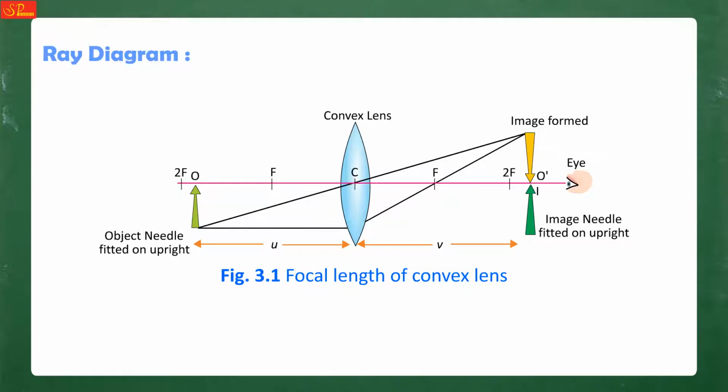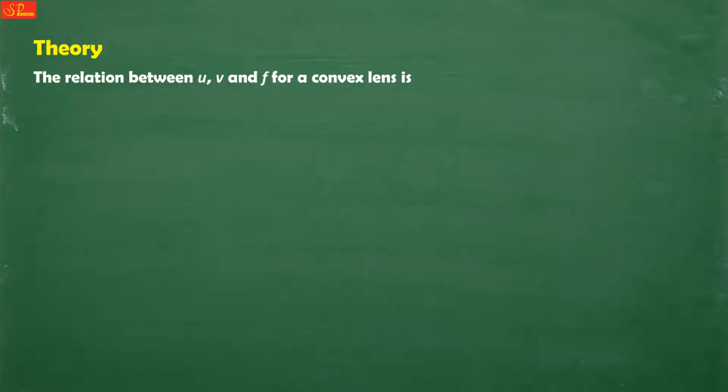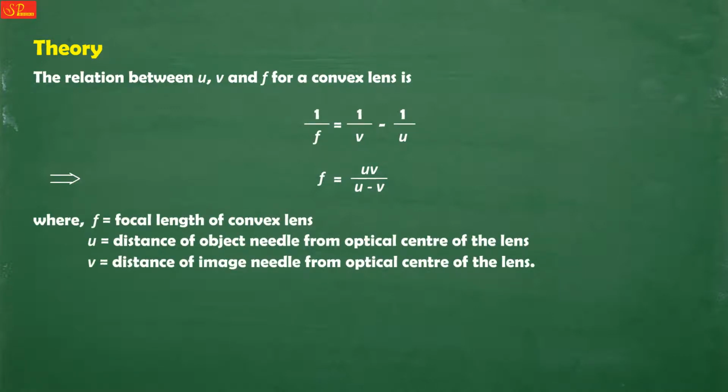Ray diagram. Figure 3.1 focal length of convex lens. Theory: the relation between u, v and f for a convex lens is 1/f = 1/v - 1/u, which implies that f = uv/(u - v), where f is the focal length of the convex lens, u is the distance of the object needle from the optical center of the lens, v is the distance of the image needle from the optical center of the lens.